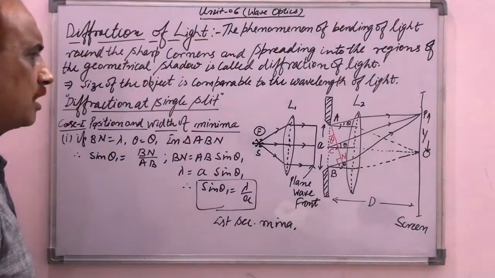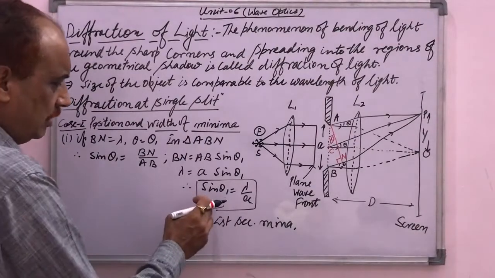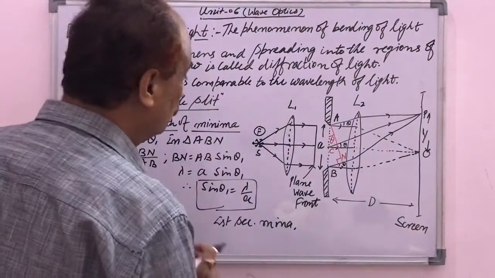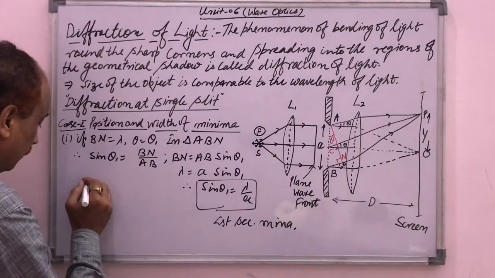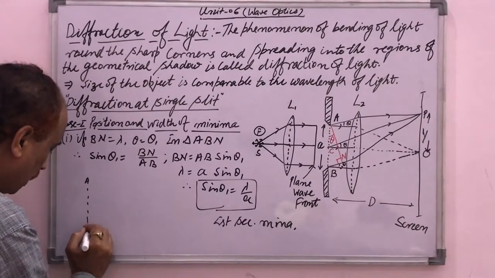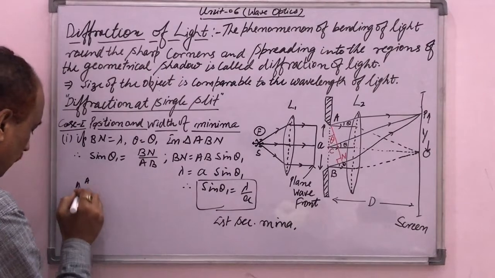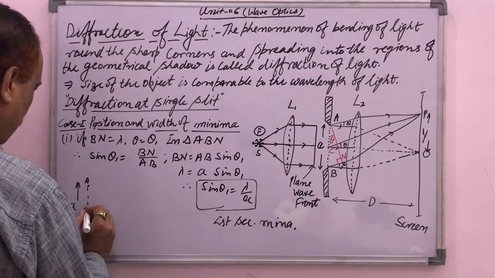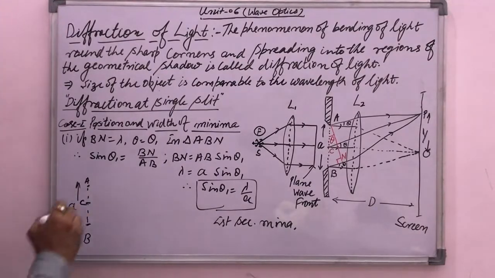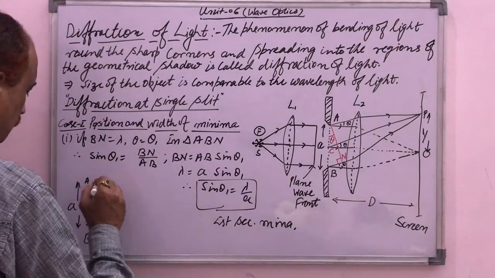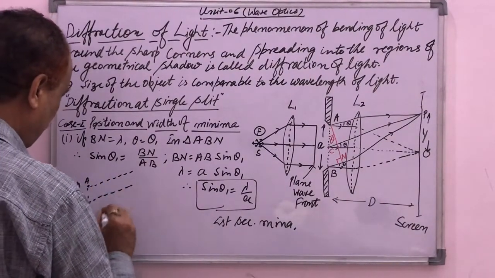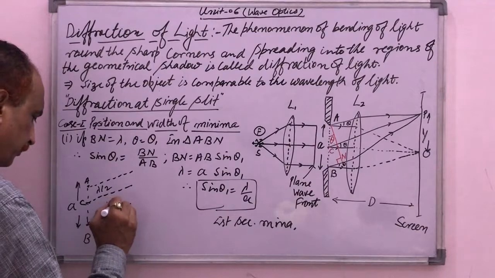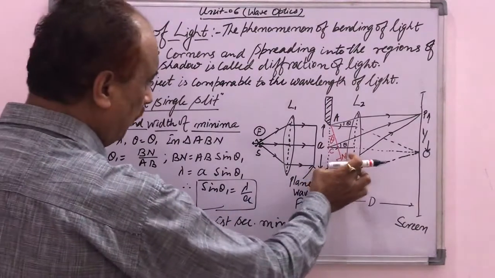It means the dark band is obtained at the point P when the condition is sine theta 1 equal to lambda upon A. This condition will exist only if we assume that the width of the slit AB is equal to A, and the slit is divided into two equal parts, with a point C. When secondary wavelets are produced from the points A, C and B, they have path differences of lambda by 2 and lambda by 2, because the total path difference is equal to lambda.